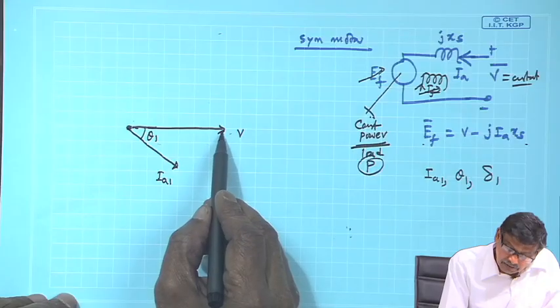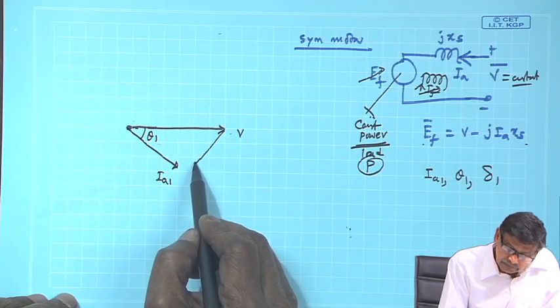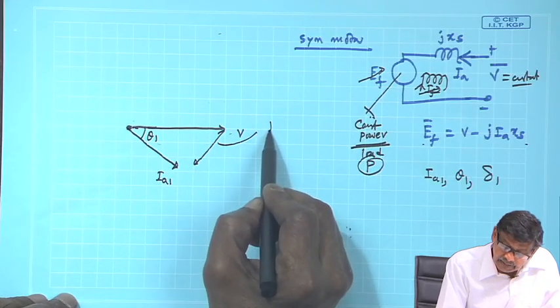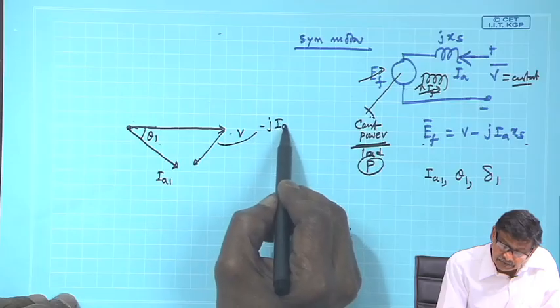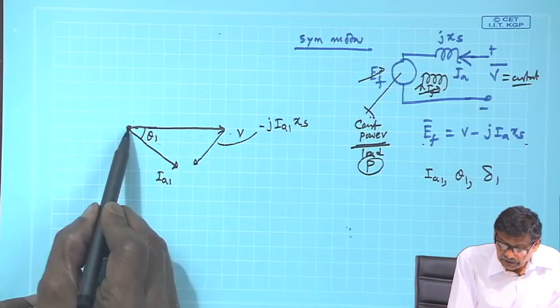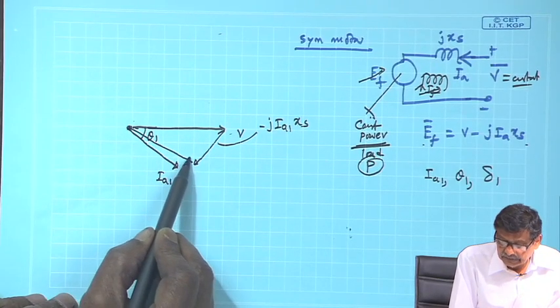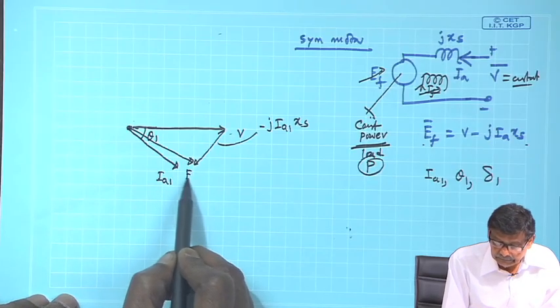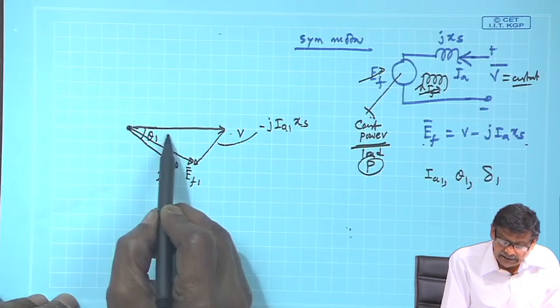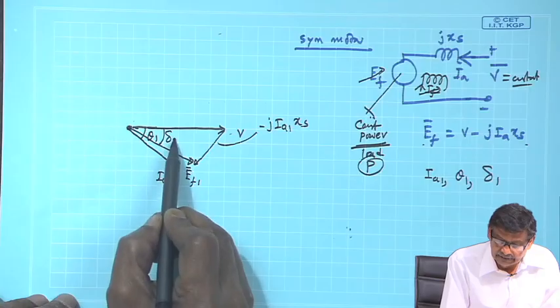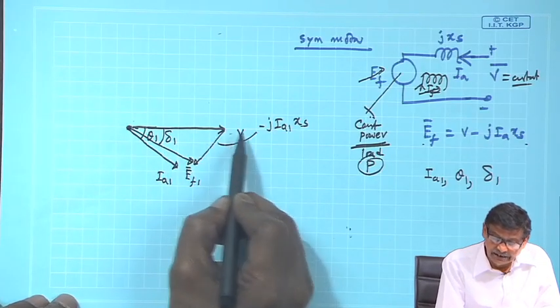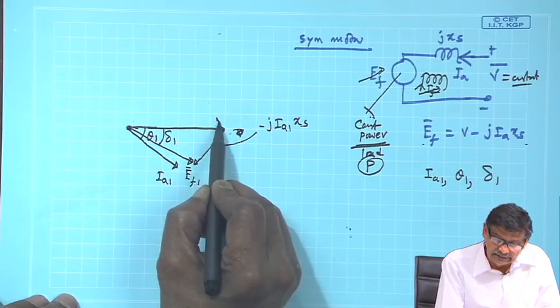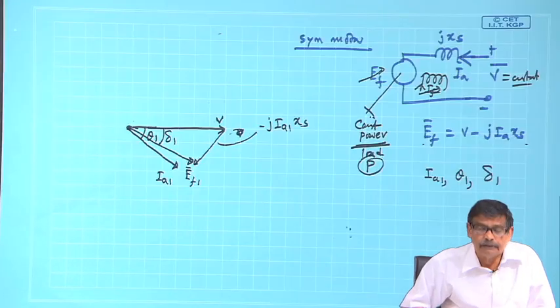So, V minus j I A 1 X S gives you E f 1. And this is the initial load angle between V and E f 1.